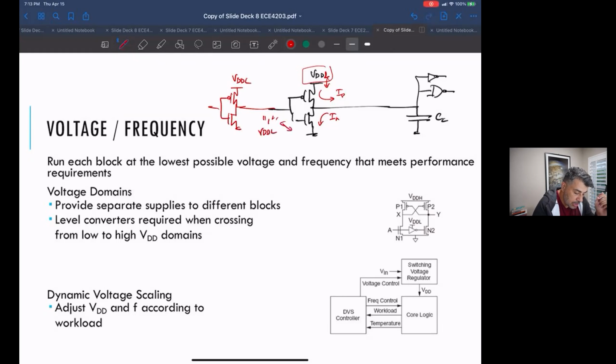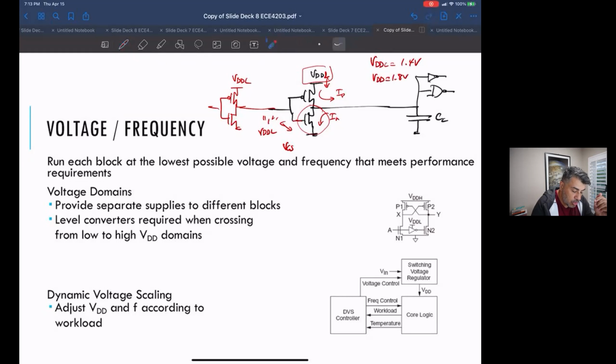That means that VGS, the gate-source voltage of this NMOS, ends up being low. Let's say VDDL is 1.4 volts, and VDD normal is 1.8 volts.